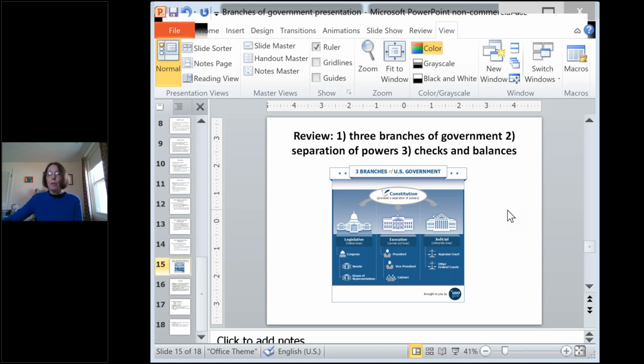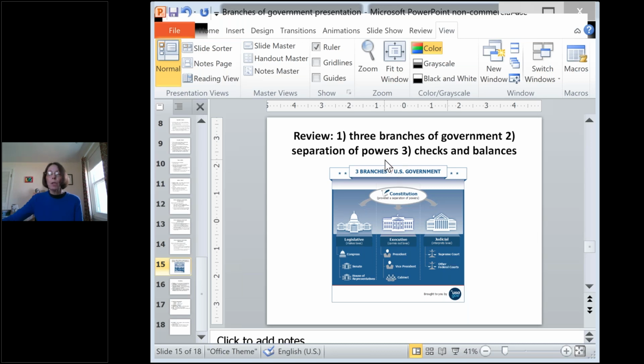Let's review and take a look again at what we discussed. Again, three branches of government set up by the Constitution: legislative, Congress, Senate, House of Representatives. Executive carries out the laws: president, vice president, cabinet. Judicial: courts, federal courts, Supreme Court, other federal courts. Here we're not talking about the state and local courts, just the federal courts.